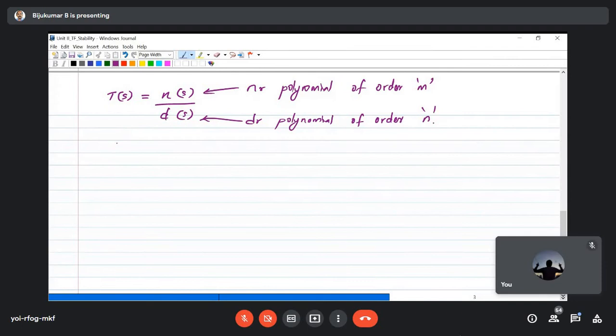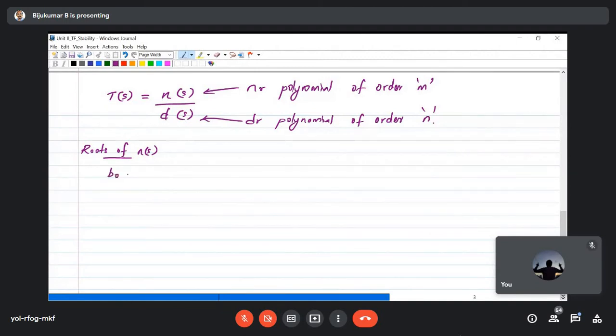If you have a function like this, I think you might have studied it in a mathematics course also. I want to find the roots of the numerator polynomial. How will you find this?